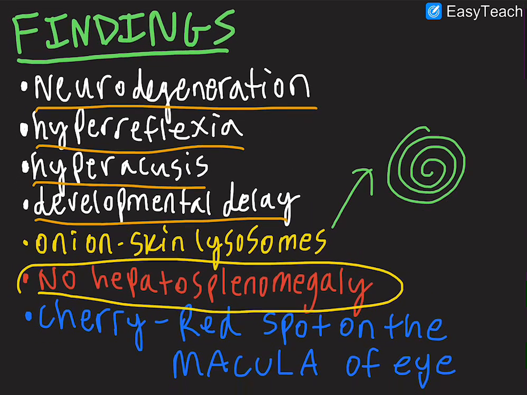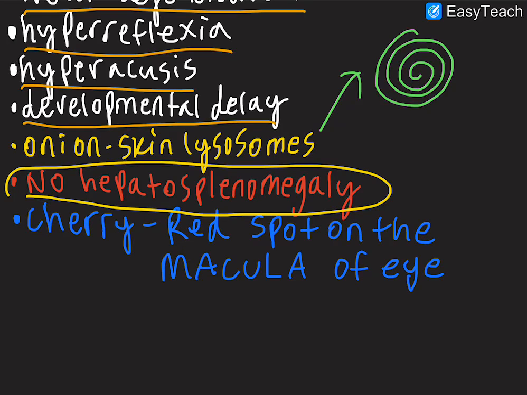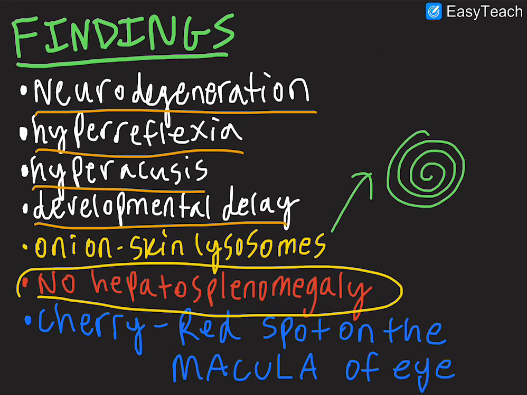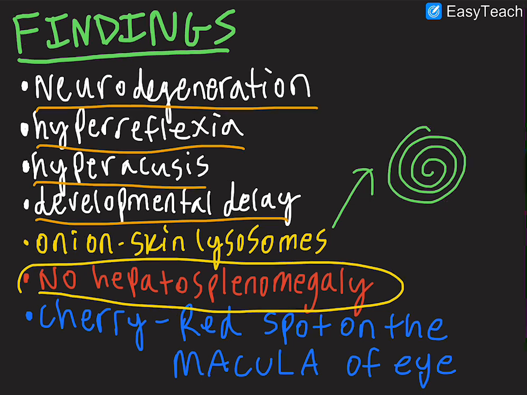But in Tay-Sachs disease, you don't. So far we have neurodegeneration, hyperreflexia, hyperacusis, developmental delay, onion skin lysosomes, no hepatosplenomegaly.